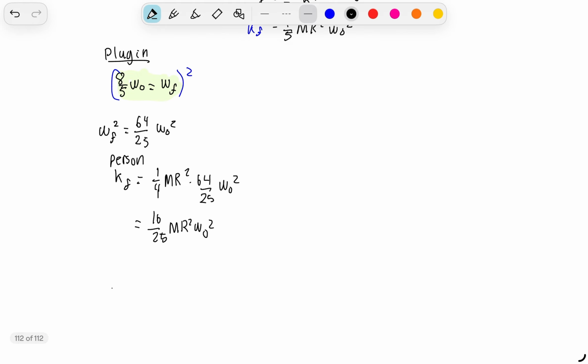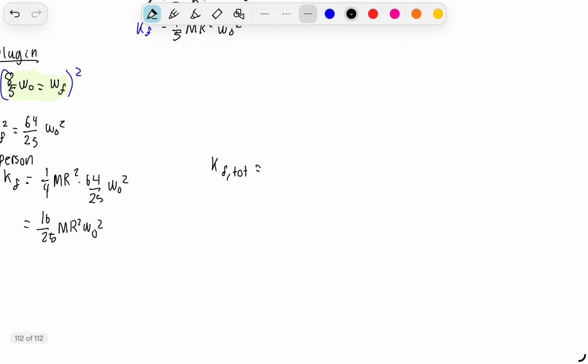So then your K final total is equal to 16/25 mr squared omega initial squared plus 1/5 mr squared omega initial squared.